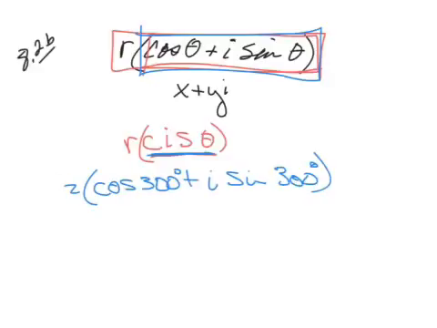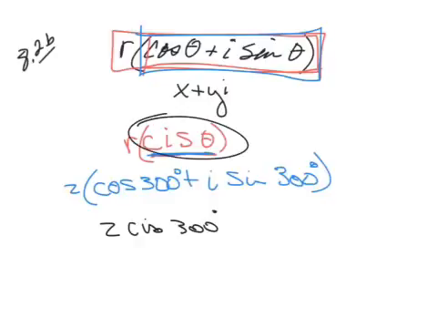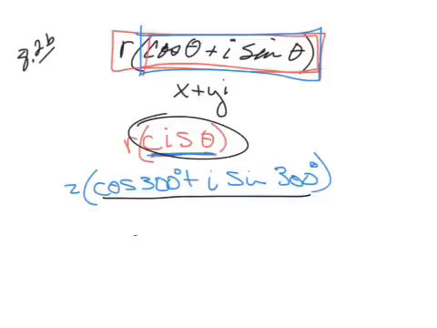So another way of writing that would be 2 cis 300 degrees. I mean, if you wanted to write it in that abbreviated form, that's what it would look like, and it means that there. Okay, so let's get rid of that right now and worry more about how to convert this to rectangular than how to do a shortcut.